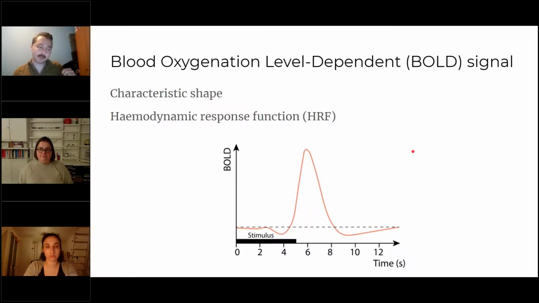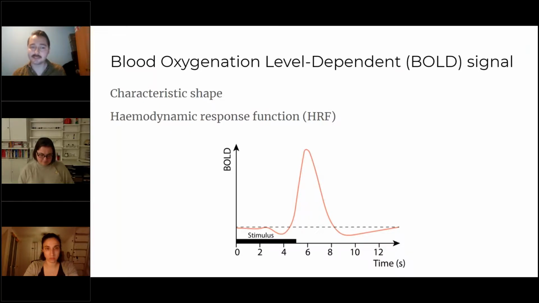There's still a lot of unknowns about how exactly it works. But the overall picture is that there is at first a small dip that corresponds exactly to our intuitive notion that the neurons suck up the oxygen from the blood, leading to a decrease in the signal. But the vascular system responds to that. It detects through receptors that there has been a loss of oxygen, and it responds by massively increasing blood flow to regions that have had higher metabolic activity.